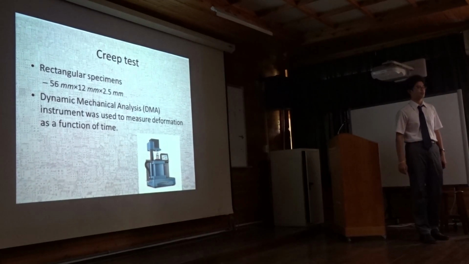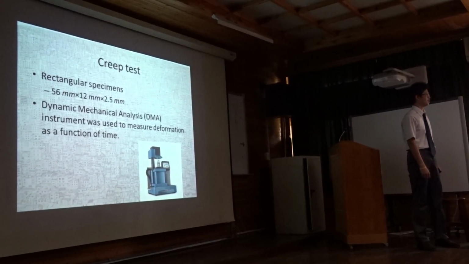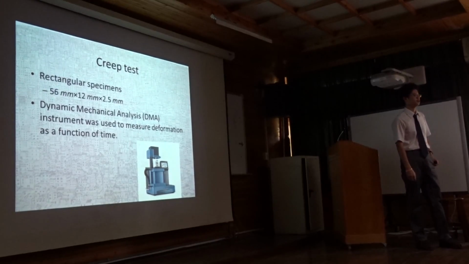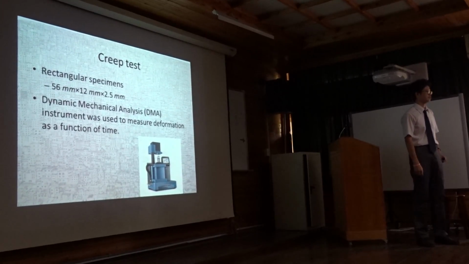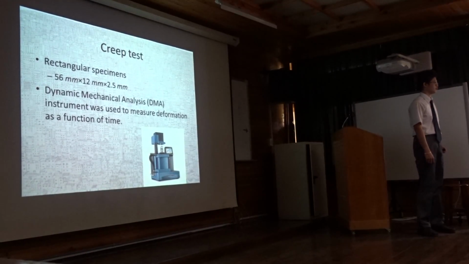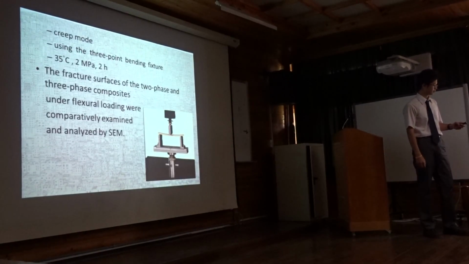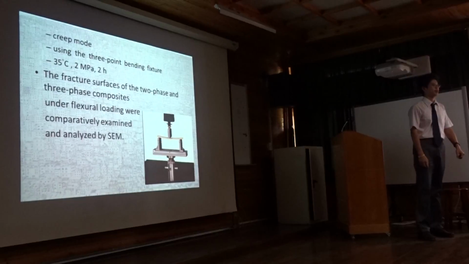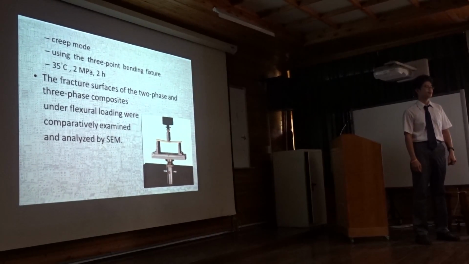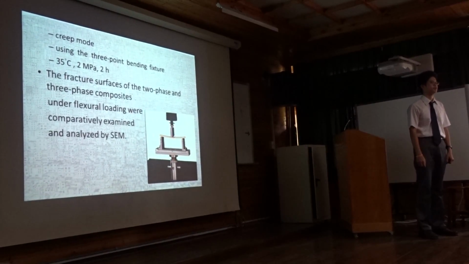After the composite processing, are creep test and dynamic mechanical analysis. Rectangular specimens with a size of 56 millimeters times 12 millimeters times 2.5 millimeters were made for the creep test. Dynamic mechanical analysis instrument was used to measure deformation as a function of time. The tests were carried out in creep mode using the 3-point bending fixture. 2 hours creep test at 35 degrees with a constant stress level of 2 MPa were performed.